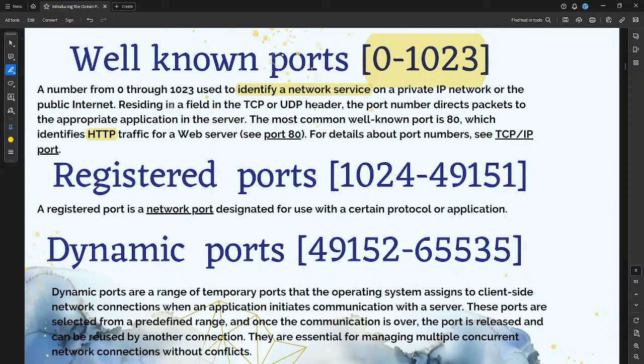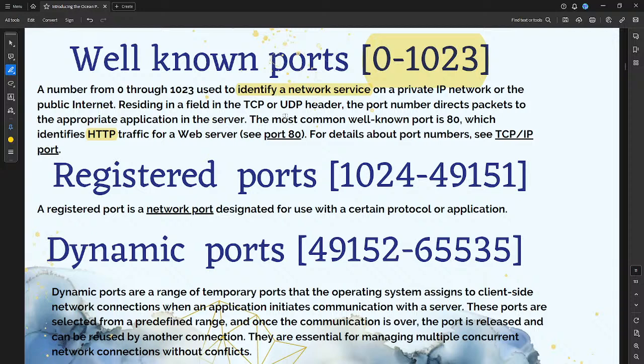Now, residing in the fields of the TCP or UDP headers are the port numbers, which are usually associated with packets and the appropriate applications on the server. Don't worry about that. Once we are able to round up this series on networking, we'll start looking at the practical, because it's not enough for us to just gain this theoretical knowledge.